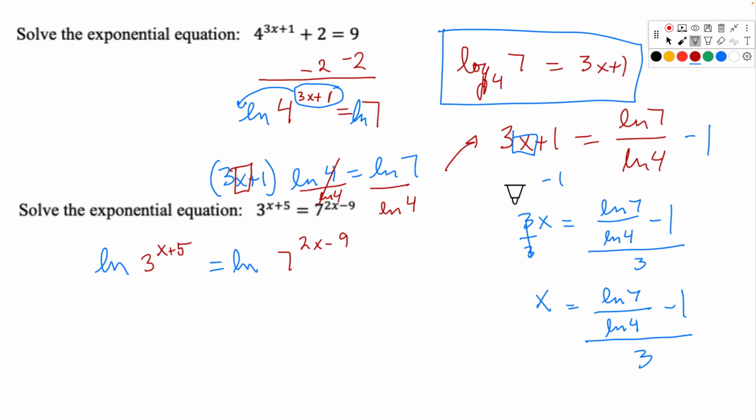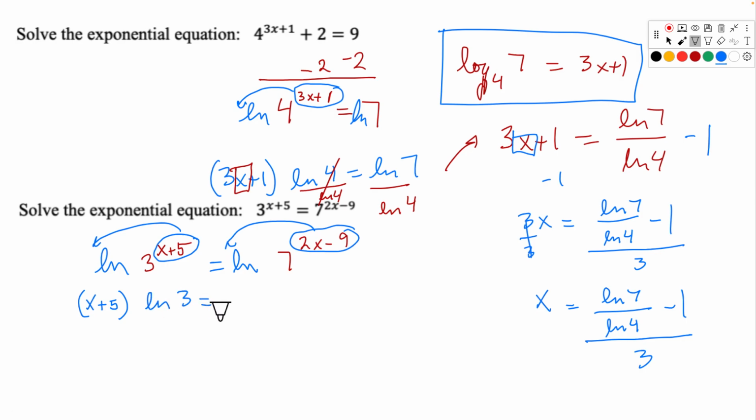And the reason we did that is, what property do we have when we have a logarithm? We can use the power principle, that the exponents can become multiplication in front. So this becomes x plus 5. Remember, the exponent is all one thing.